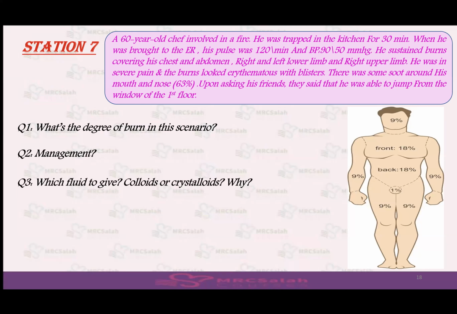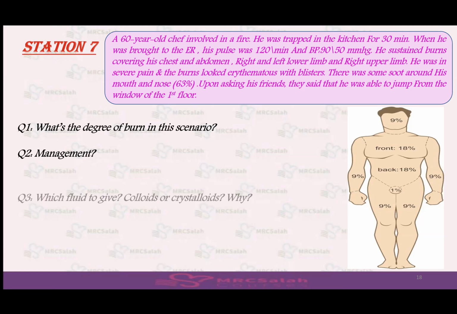What is your target while you are giving this fluid? What is your resuscitation endpoint? The patient's response, regarding the urine output and the vital signs. How much urine output? It should be 0.5 to 1 mL per kg per hour.